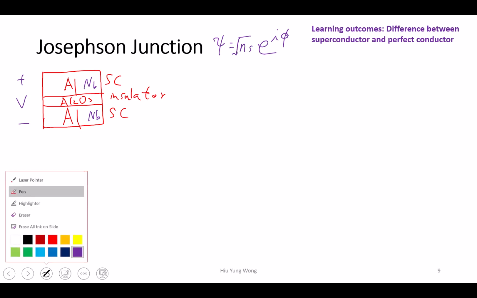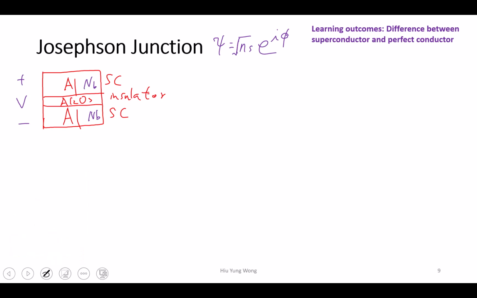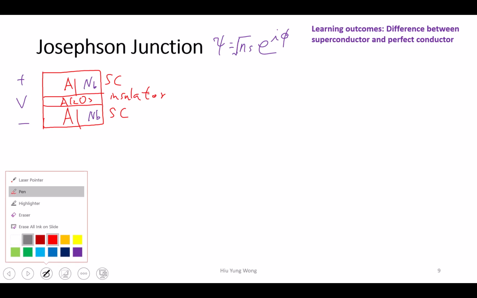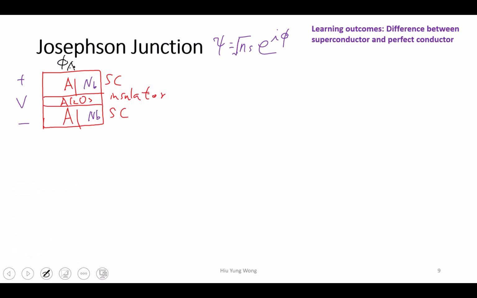So maybe on the top, this has the phase of phi A, and on the bottom, this has the phase of phi B. And then we can say that the phase difference between them is phi A minus phi B. Now we are not going to do the math. We just say what the result is.